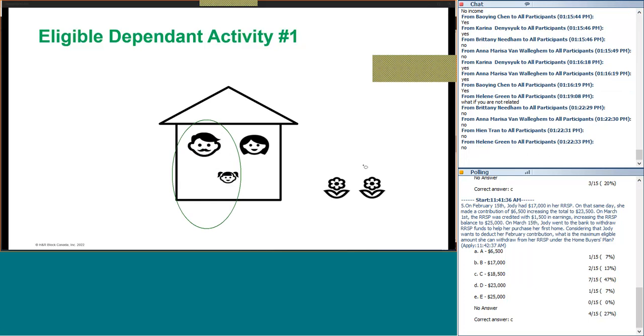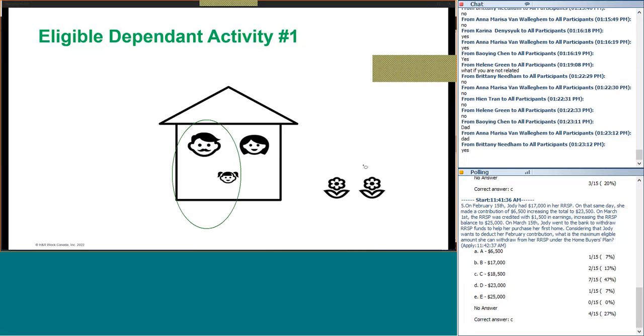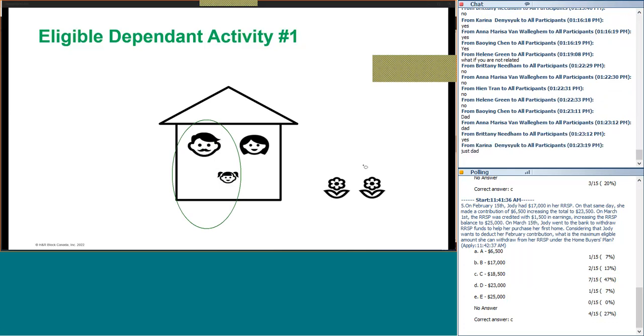In that scenario, can anyone claim an eligible dependent? Yes, dad can. Mom, who is the new potential mom, can't, but dad can. As long as nobody else is claiming that child as an eligible dependent.